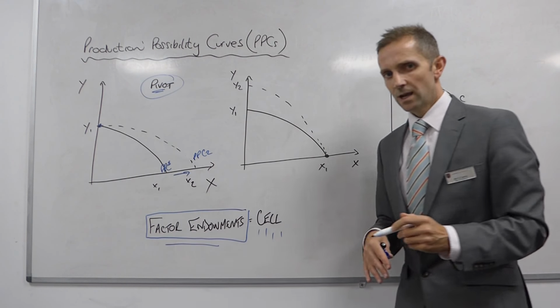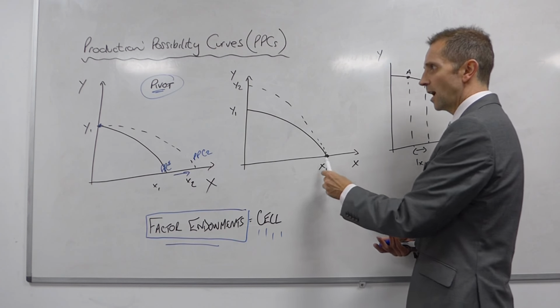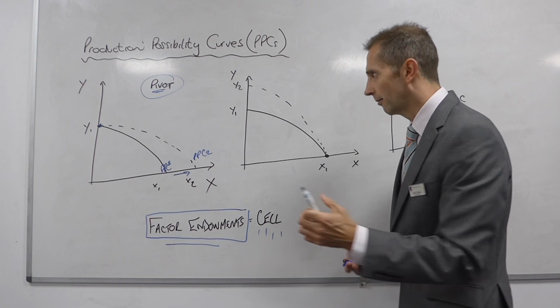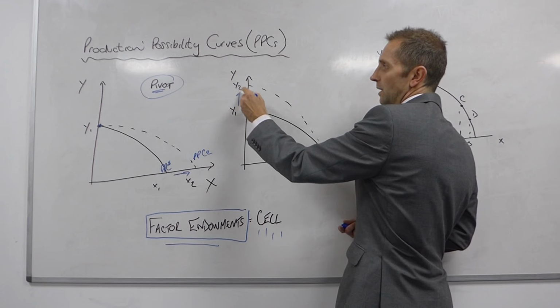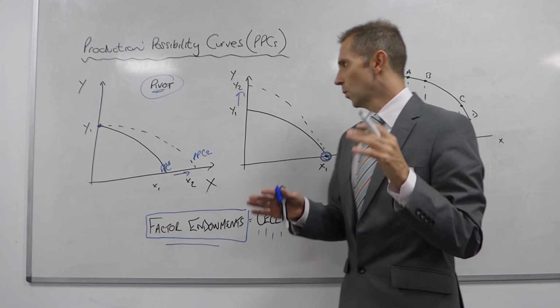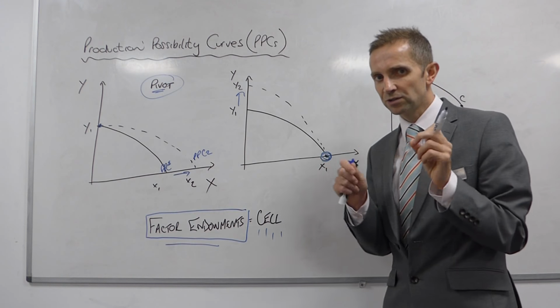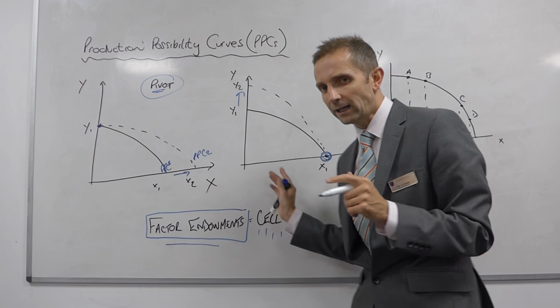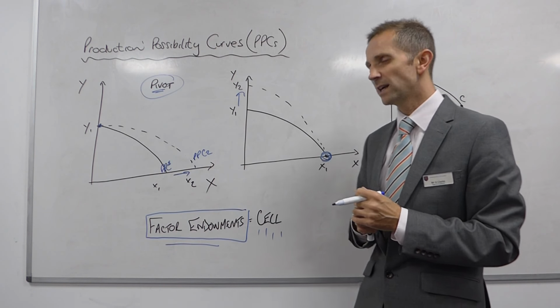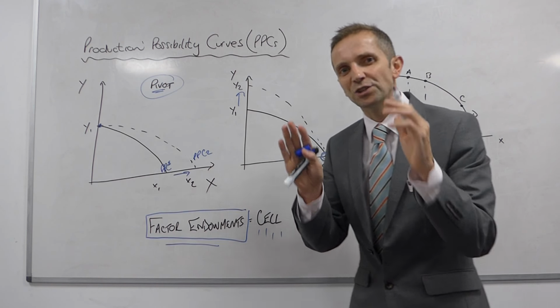PPC2. And you can obviously see the same thing happening here, except this time we're applying that particular scenario to good Y, and so we get the pivot point around here. Now in both instances, we're still able to produce the original level of Y or X, but it's the other good which we can produce more of. So that's where you might get this pivot rather than the shift.